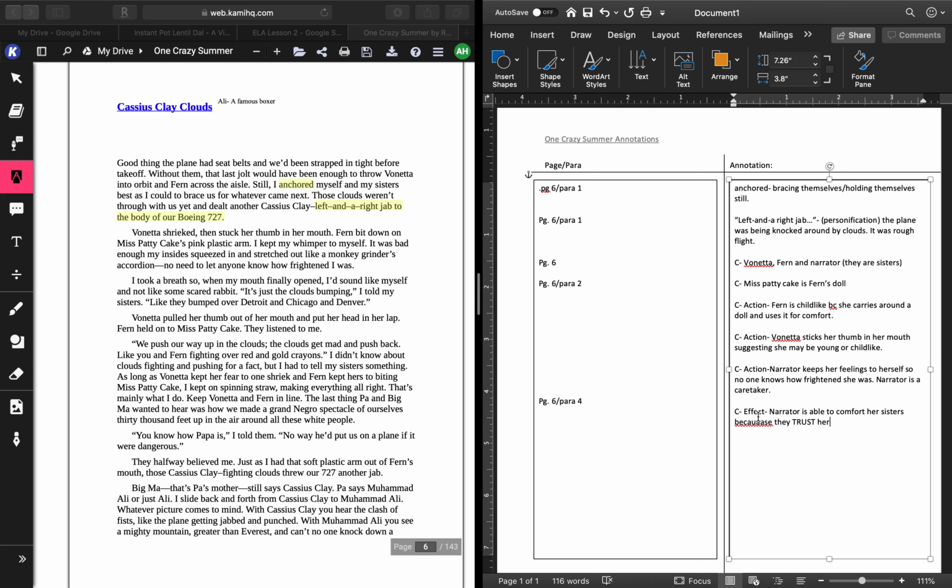So this suggests that perhaps she is trustworthy. We're going to put this in parentheses because we still don't know a lot about her, but this suggests that at the very least, her sisters believe that she is trustworthy. They can believe what she says. She's telling them it's okay, so they're starting to relax. So let's keep reading.